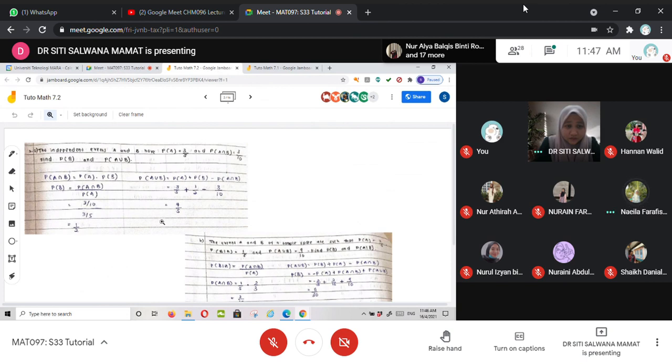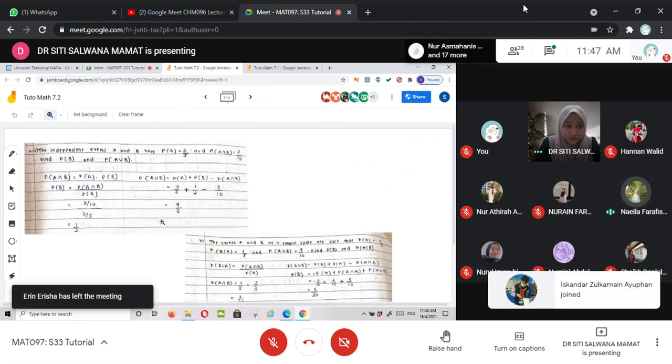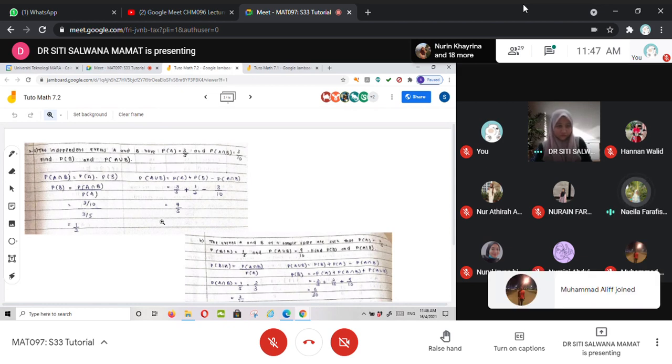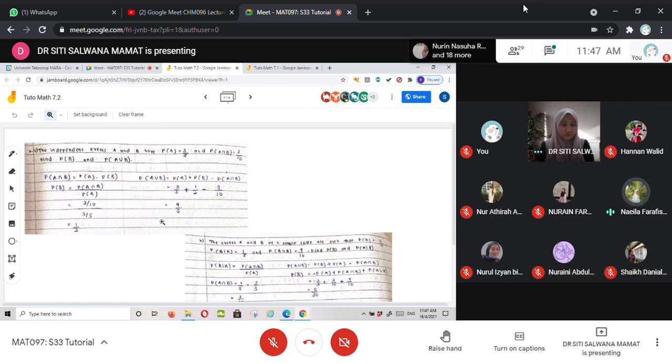Saya punya. Okay, so for question A, dia minta find probability B and probability A union B. So dia dah bagi probability A dengan probability A intersect B. So kita pakai formula probability A intersect B equal to probability A multiply by probability B. So kita jadikan probability B as a subject and then kita masukkan information kita ada and then kita akan dapat 1/2.